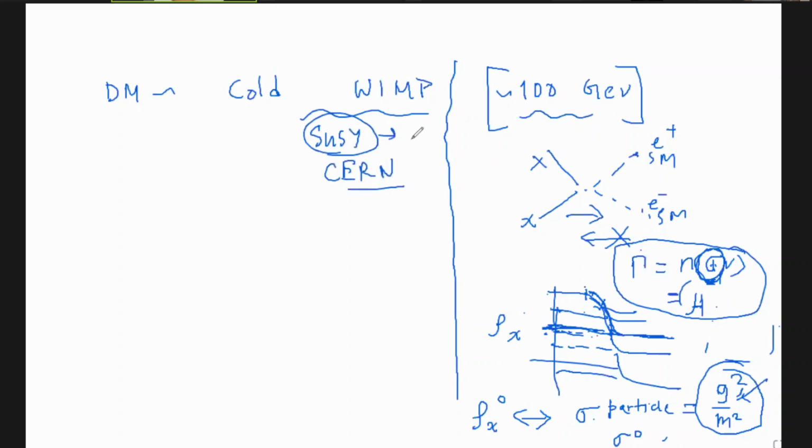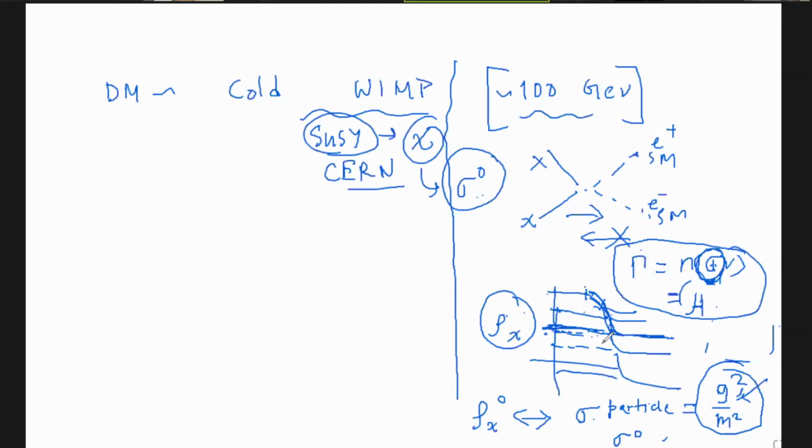So they have some particle called a weakly interacting massive particle. They are the super partner of some particle. You don't need to know. They are called chi. And they have an interaction cross-section sigma naught. Then they calculate, and given the sigma naught, they put it in this plot and find the corresponding rho chi, because there is a one-to-one mapping I just told you about. Is it correct?